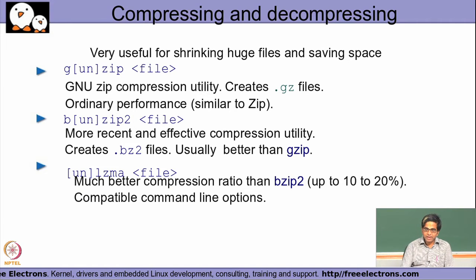So, if you want a better compression ratio, you can also use the bzip2 compression utility, and it will create a .bz2 file, right. Now, this .bz2 file name is based on whatever file name is given here. Suppose I give kernel src as a file name, right.